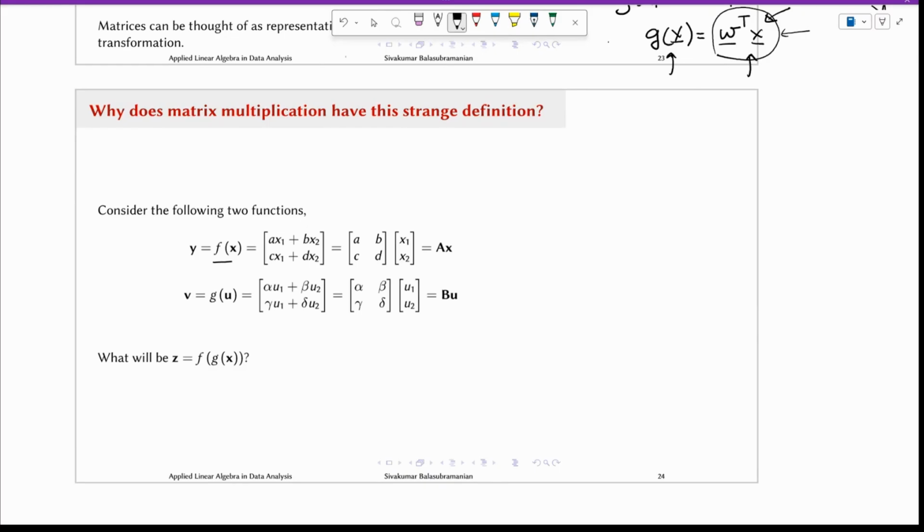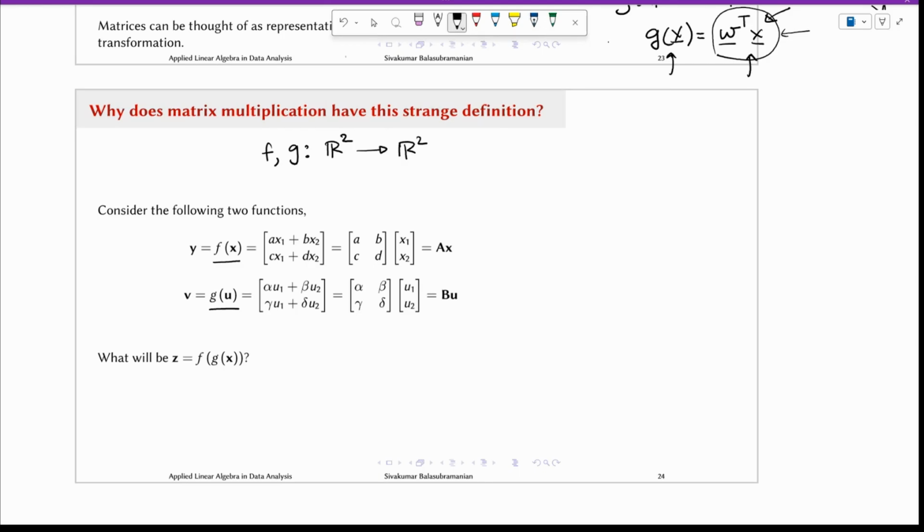Let's say we are considering two linear transformations, F and G. And for simplicity, let's say these are linear transformations that take elements from R2 and produce elements in R2. But there is no reason why you should restrict yourself to just 2 and 2. It could be m and n, doesn't matter. I am using 2 and 2 just for the sake of making the demonstration a little easier.